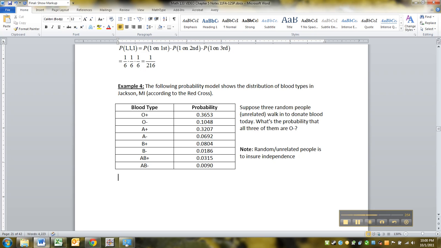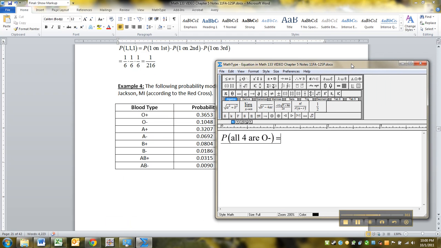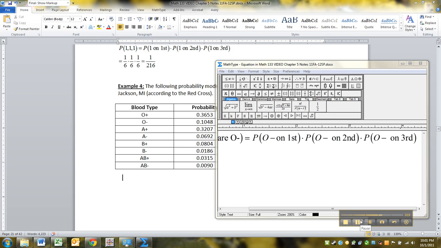Okay, so then the probability that all 3 are O negative is equal to the probability the first one's O negative times the probability the second one's O negative times the probability the third one's O negative.